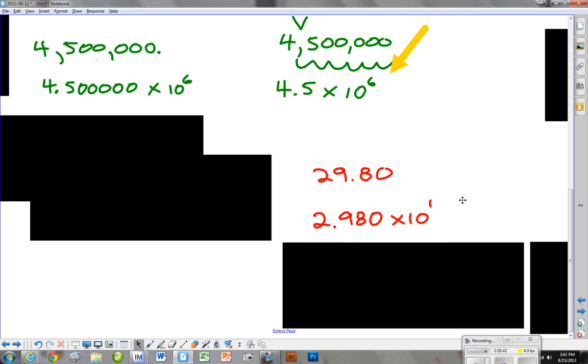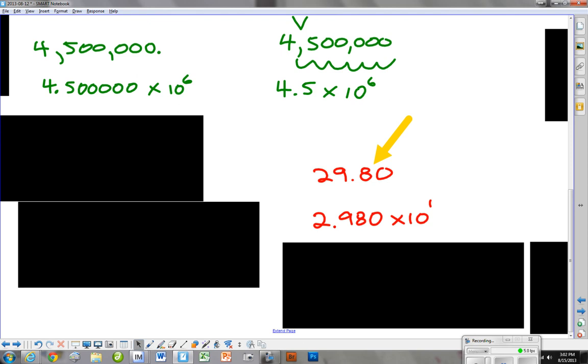Yes, there it is. Okay, 10 to the 1. Why do we include the 0? Trailing zeros count when there's a decimal. Right, so there's your 0. And 2.980 times 10 to the 1. We are right back to this number. Got it?